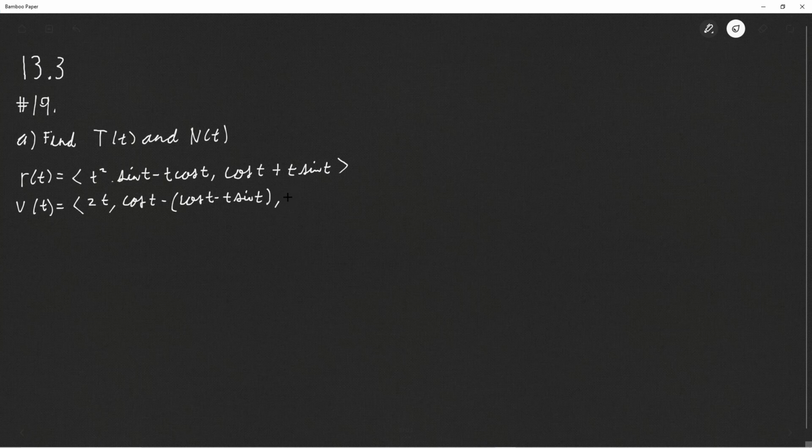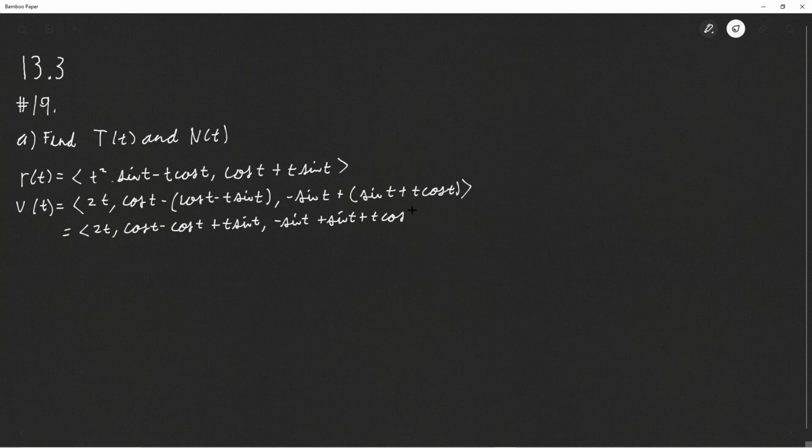And this will be negative sine of t plus sine of t plus t cosine of t, which will give us 2t cosine t minus cosine of t plus t sine of t, and negative sine of t plus sine of t plus t cosine of t.